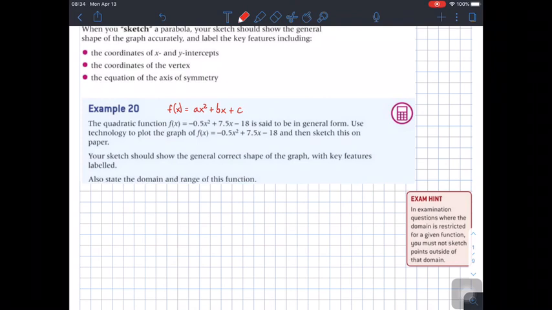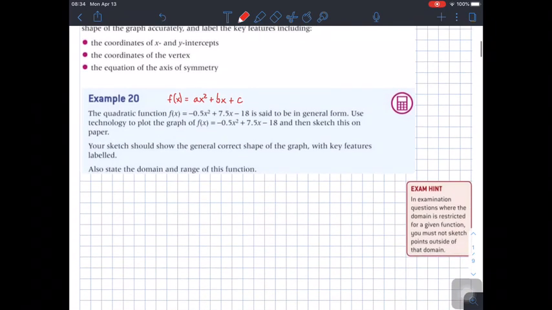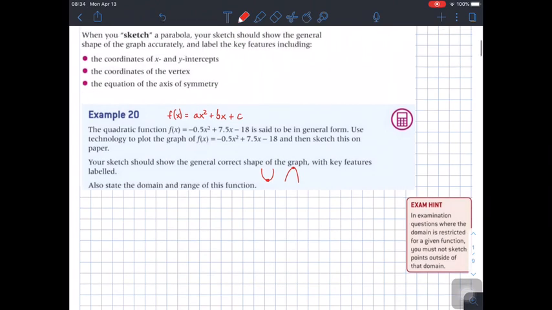Your sketch should show the general correct shape of the graph, that is, if it opens upward or downward, then we should identify the vertex, the x and y intercepts, and the axis of symmetry.